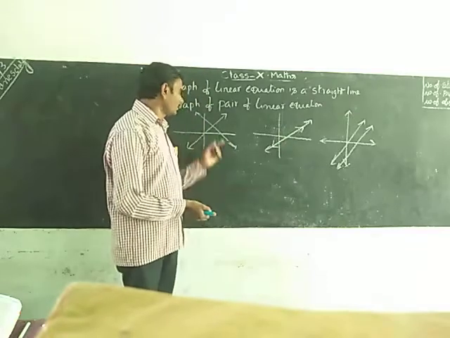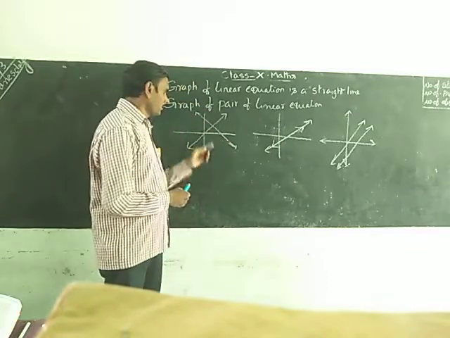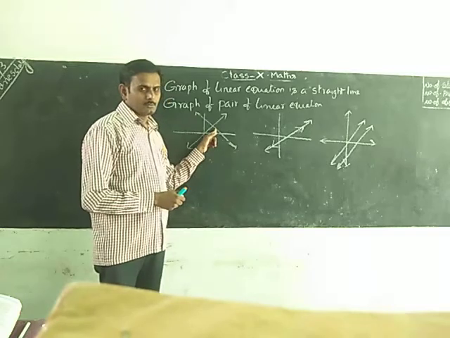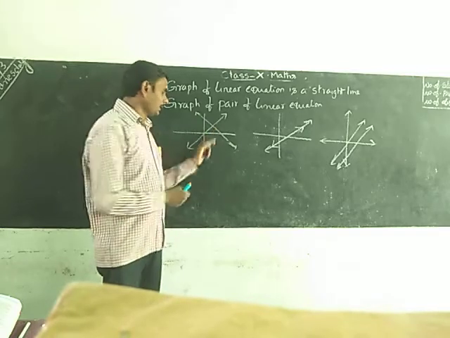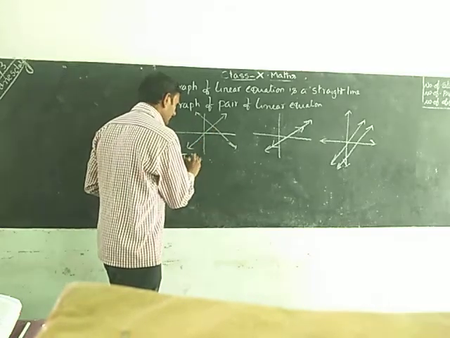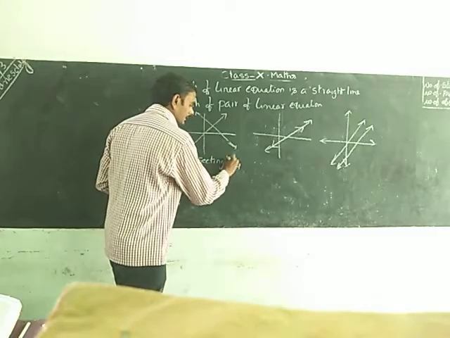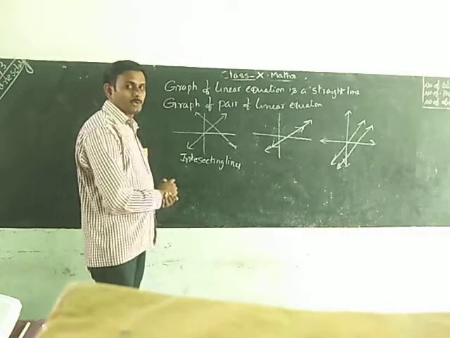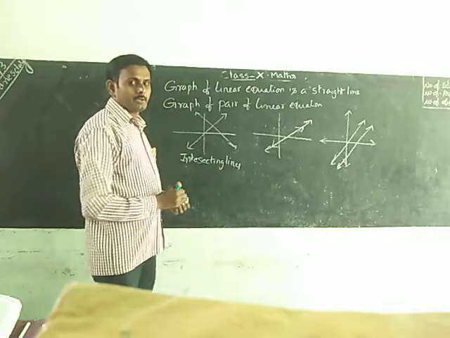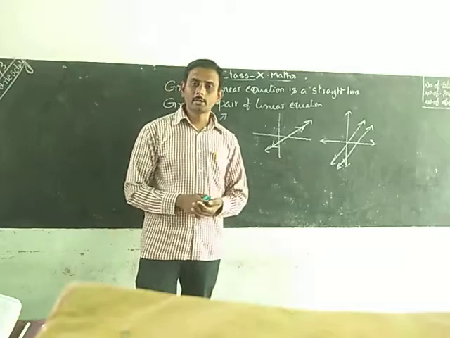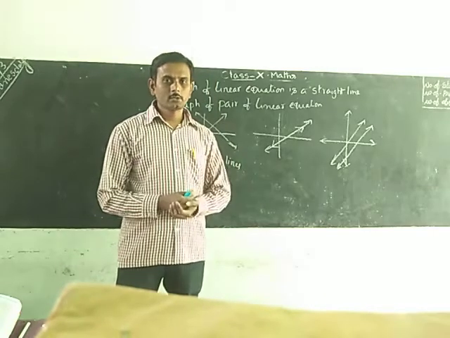That means two linear equation graphs will meet at a point. Those are called intersecting lines. How many solutions do they have? For one linear equation, you only have to consider x, y values to make a solution.